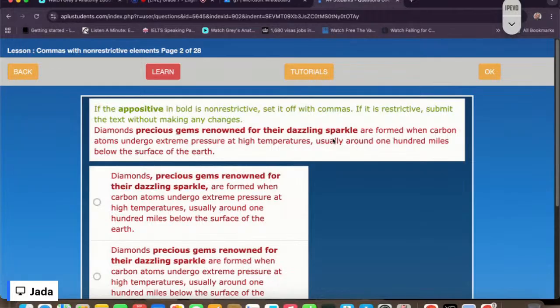All right, so diamonds, precious gems renowned for their dazzling sparkle, are formed when carbon atoms undergo extreme pressure and high temperature, usually around 100 miles below the surface of the earth.